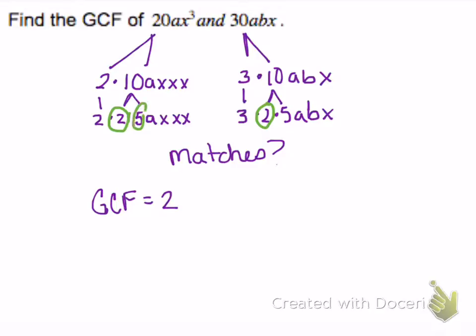They both have a factor of 5, so in my GCF, I'm going to include a factor of 5. They both have a factor of a, so in my GCF, I'll include a factor of a. And they both have a factor of x, so in my GCF, I include a factor of x. And then I just multiply them together. So my greatest common factor is 2 times 5, or 10ax.